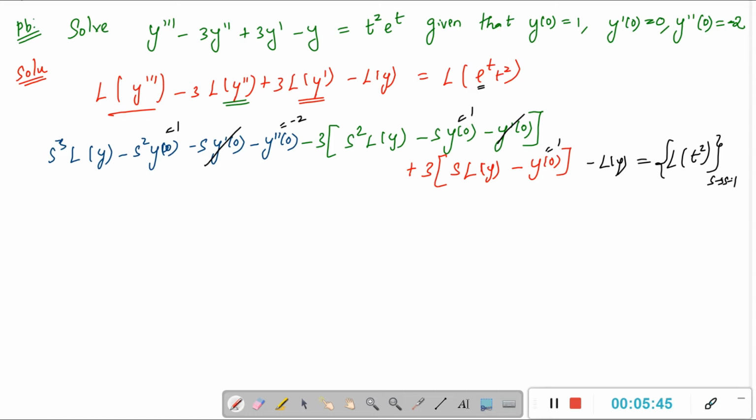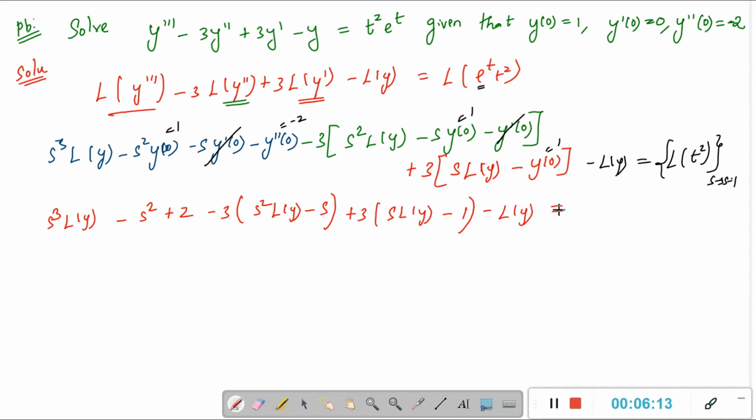After substituting you may get s power 3 L of y minus s square plus 2 minus 3 into s square L of y minus s plus 3 into s L of y minus 1 minus L of y equal to, if you find L of t square it is nothing but 2 by s power 3.